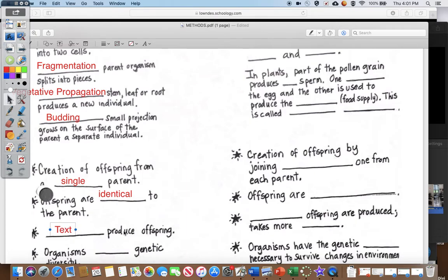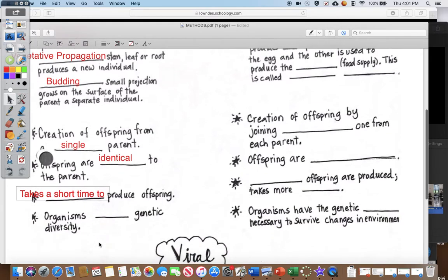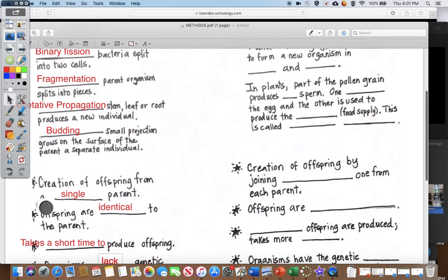Short, produce offspring. So it takes a short time to produce offspring. And then organisms lack genetic diversity. So that means they're all going to be the same. They're not going to have any difference in their DNA. Okay, so that's asexual reproduction.